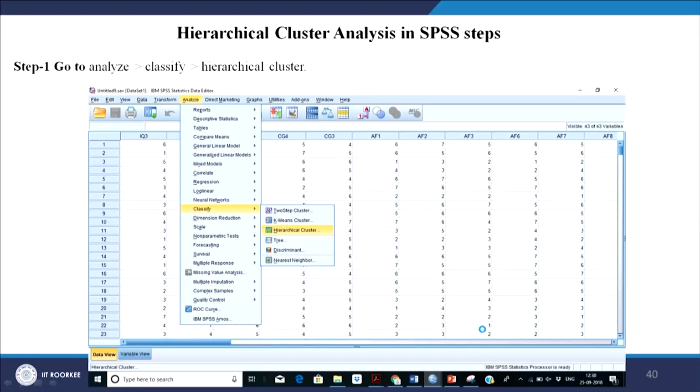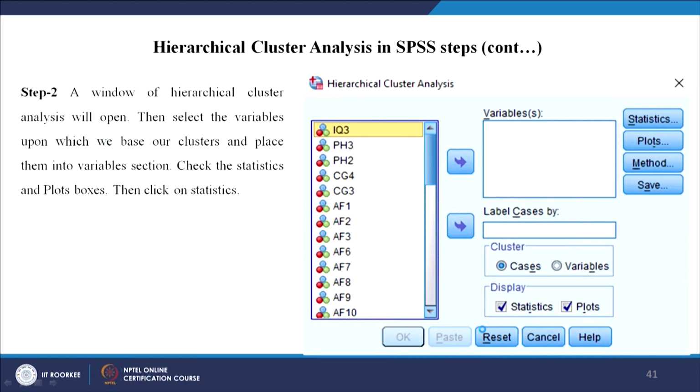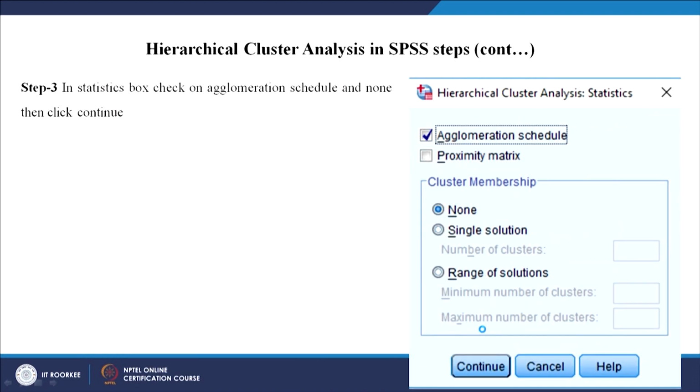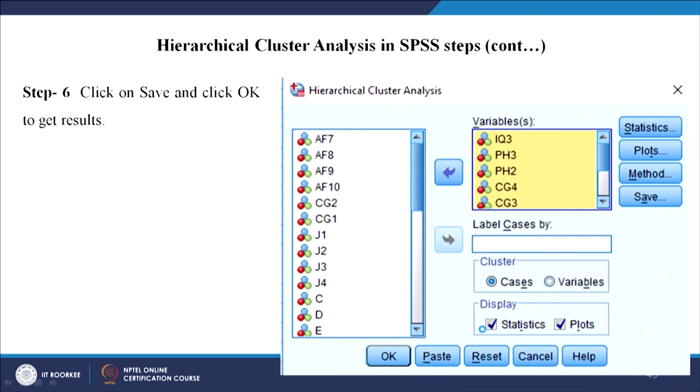So, this is what we have done. The steps are all mentioned here, and they will help you understand how to proceed with cluster analysis. I have already done these steps, and this is for your reference only. After you do them, you can finally write your cluster analysis report with the interpretation.